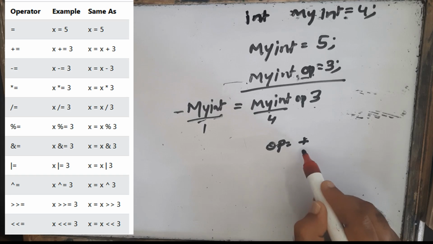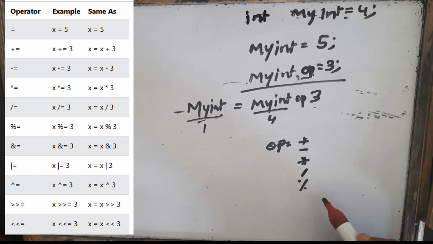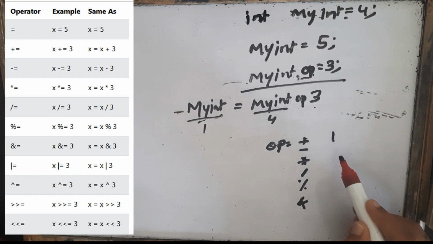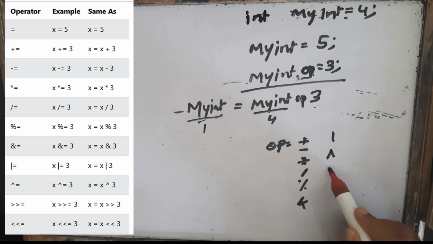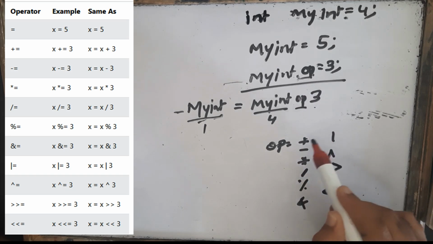This can be plus or minus or multiplication, division, modulus, ampersand, or power. This is right shift, left shift. So this operator will be replaced with these things.